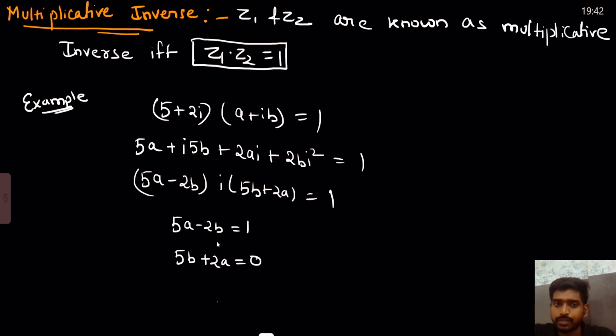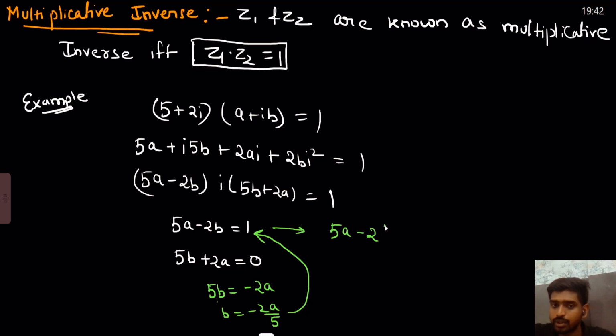Now next, we'll try to solve these two and we'll find the value of a and b. From here we can write 5b is minus 2a, or b is minus 2a by 5. So we'll keep it here. In this equation we will get 5a minus 2 of, in place of b, I'll keep this value minus 2a by 5 is equal to 1.